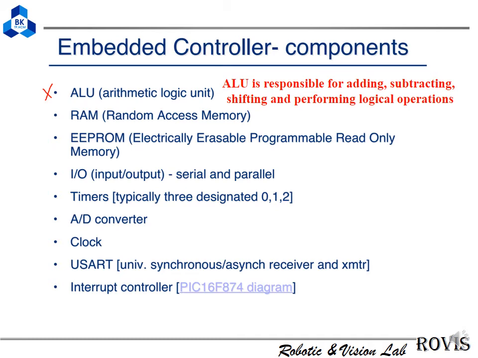The second is the RAM, random access memory, and then the EPROM. And then the I/O, input and output: how many inputs and outputs there are, that is, how many devices we can control.